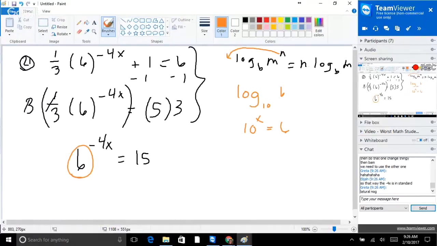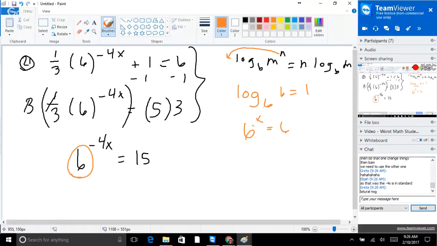And that's not cool. But if I take the log base 6, if I can write log base 6 of 6, then really what we're looking at is the number 1.